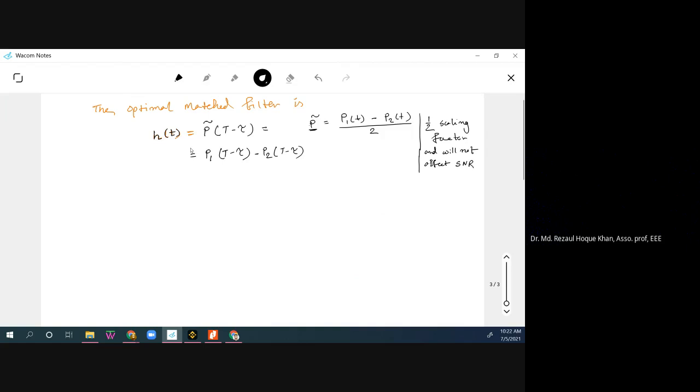The half is not coming here because it is a scaling factor and we can avoid that. So this is the optimal matched filter condition.